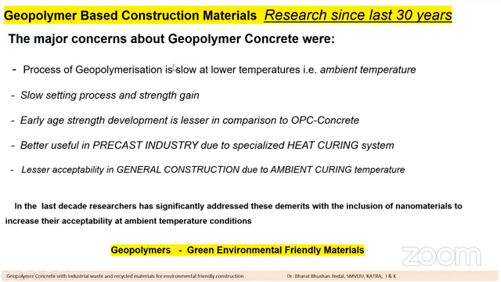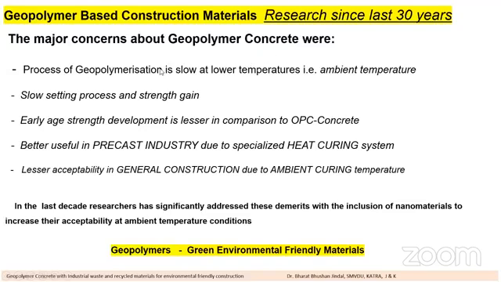Now, the major concern about geopolymer concrete based on previous research. We have discussed research from the last 30 years. Even you people can ask me a question: why is geopolymer not currently utilized in the major construction industry?